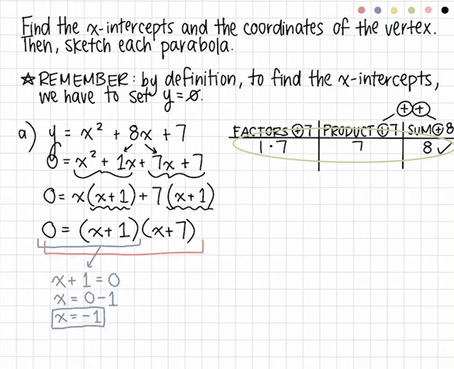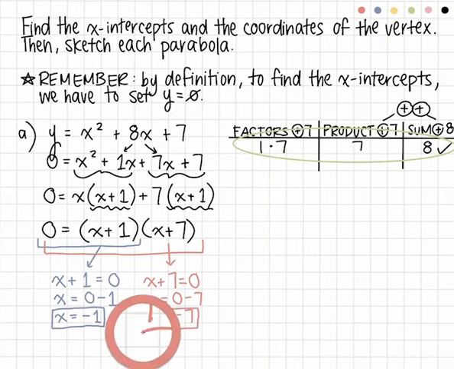We have to do the same thing for our x plus 7. x plus 7 equals 0. I'm going to isolate for x. x equals -7.